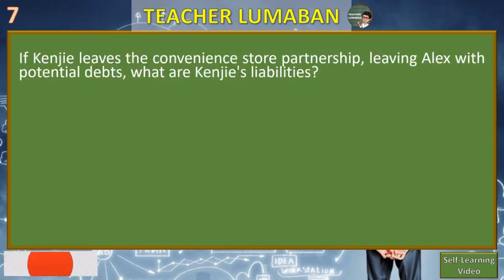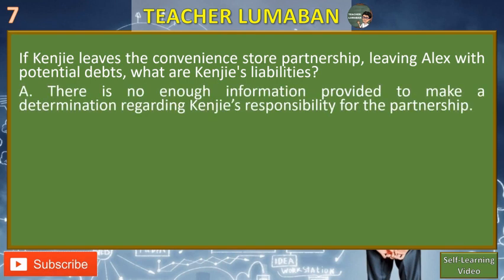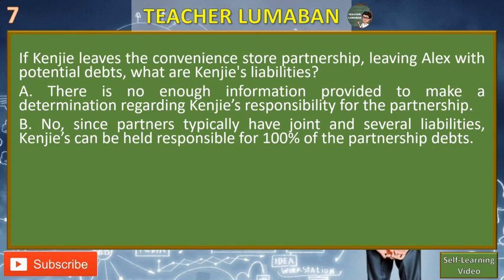If Kenja leaves the convenience store partnership, leaving Alex with potential debts, what are Kenja's liabilities? A. There is not enough information provided to make a determination regarding Kenja's responsibility for the partnership. B. No, since partners typically have joint and several liabilities, Kenja can be held responsible for 100% of the partnership debts.